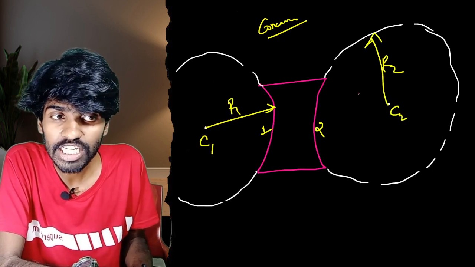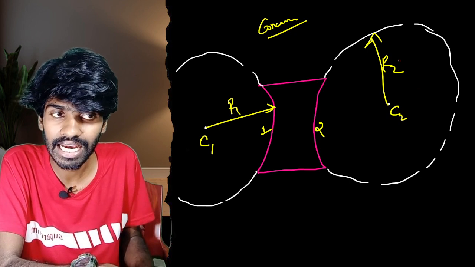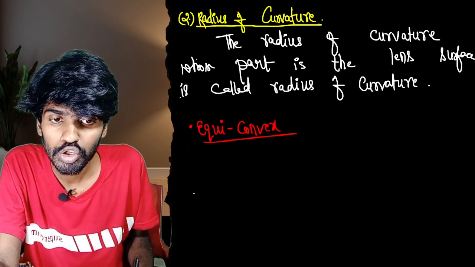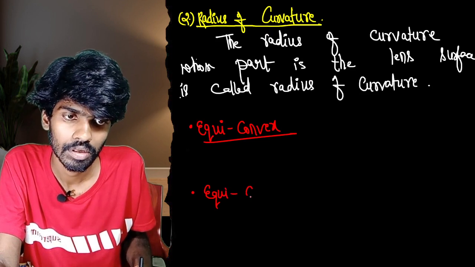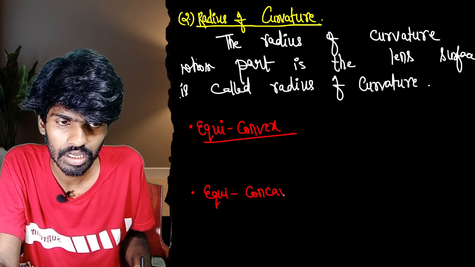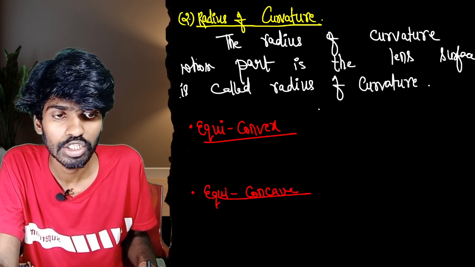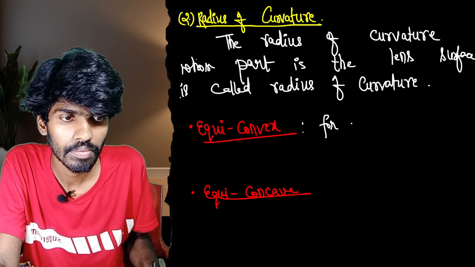Similarly, if the radius of curvature for these parts are also the same, meaning R1 is equal to R2, in this situation you can call it equiconcave. Equiconcave.